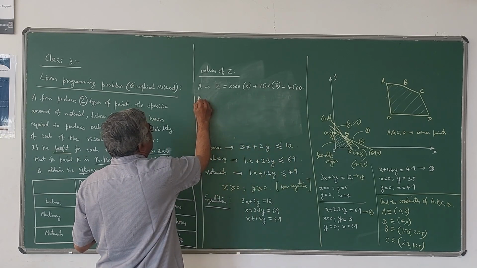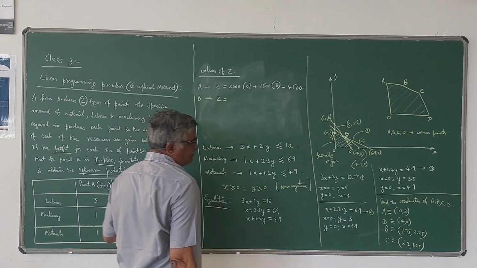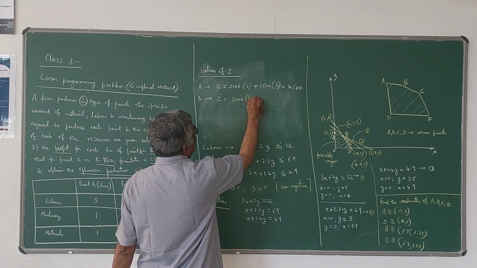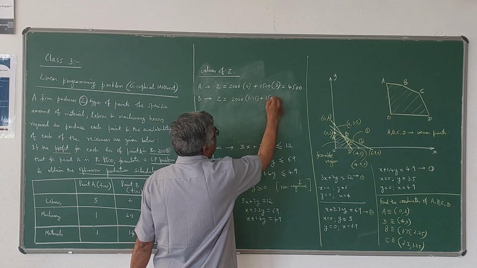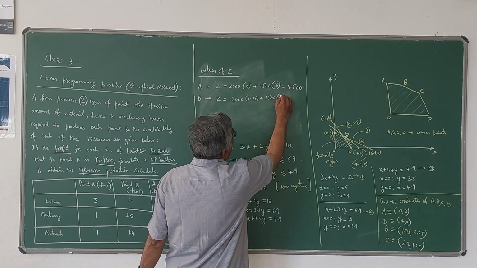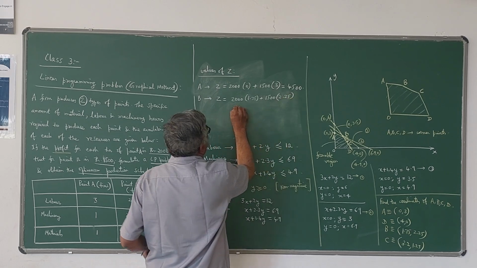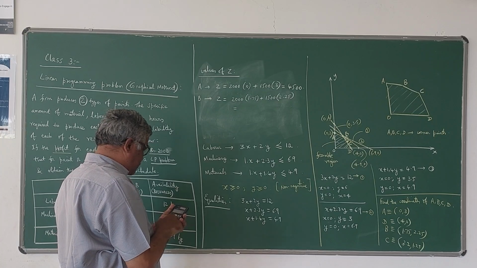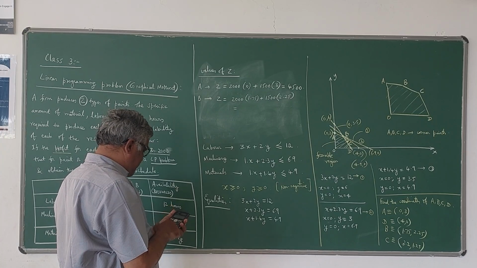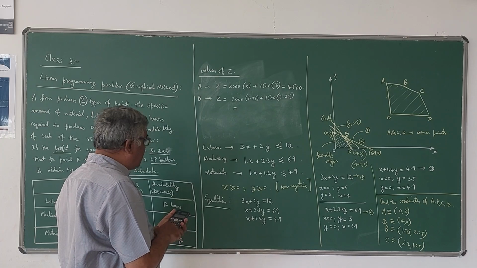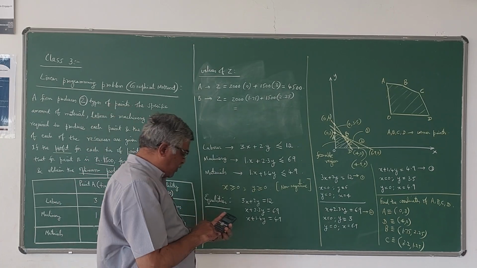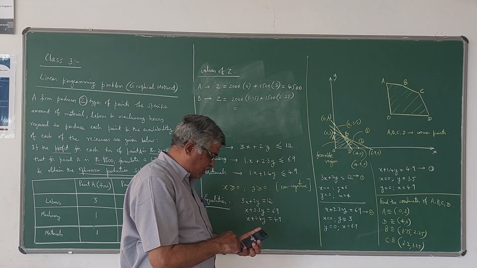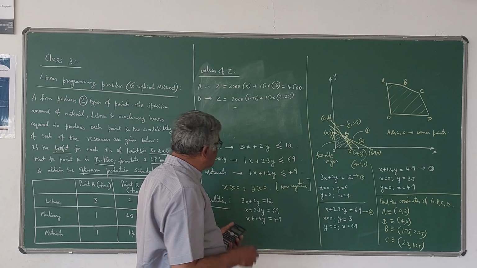Then at point B, Z is 2000 into 1.75 plus 1500 into 2.25. If you simplify this, it becomes 6875.